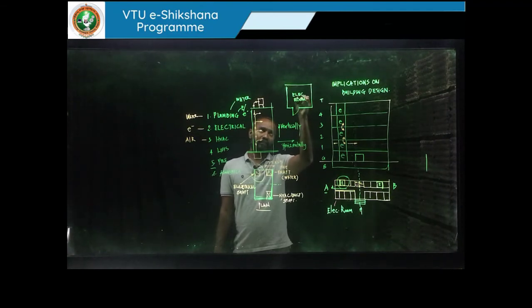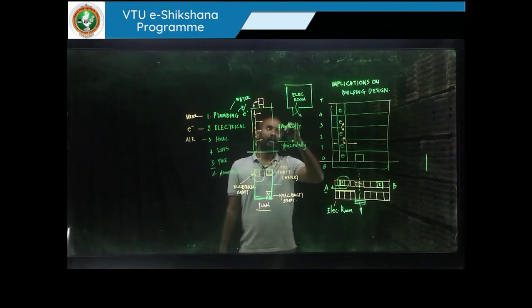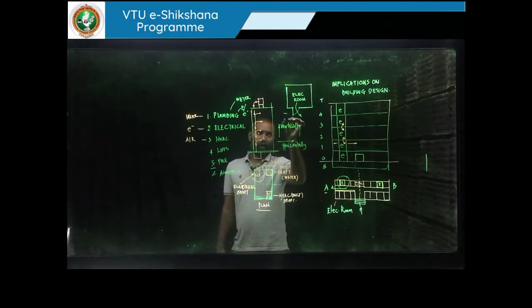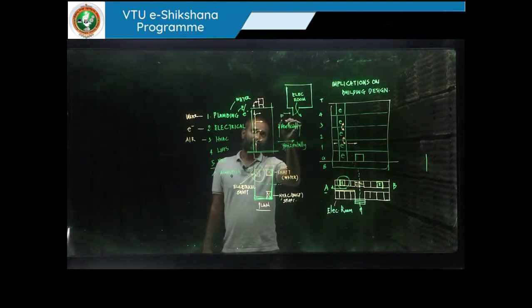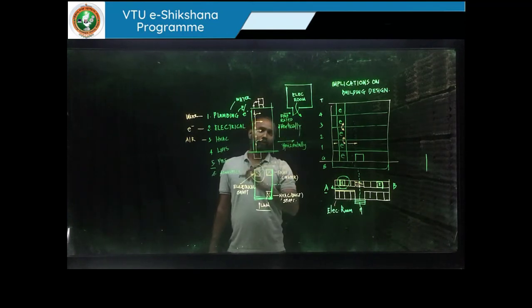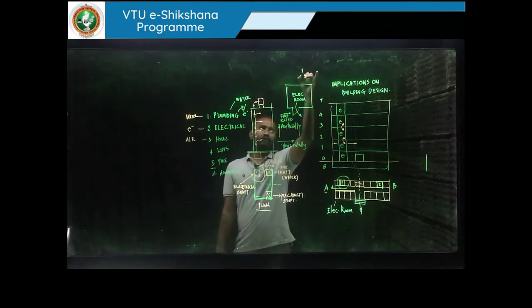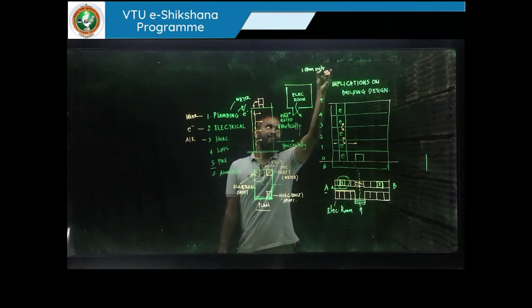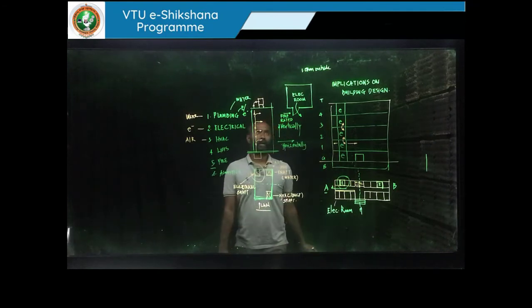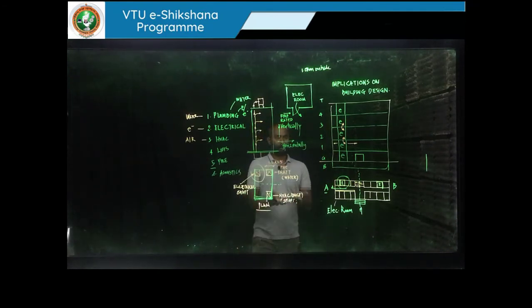So in case of a fire, if somebody has to rush in, they should be able to quickly come out of it, and this will always be a fire rated door depending upon the code and standard, right? So remember, the door should always open outside, right?